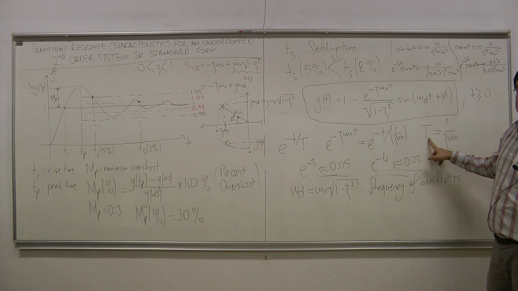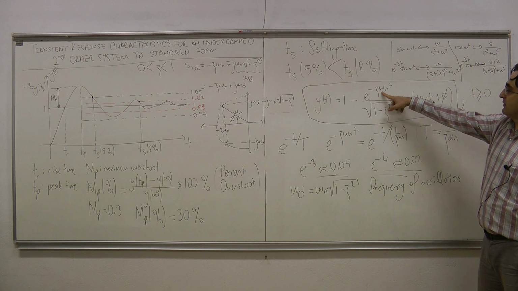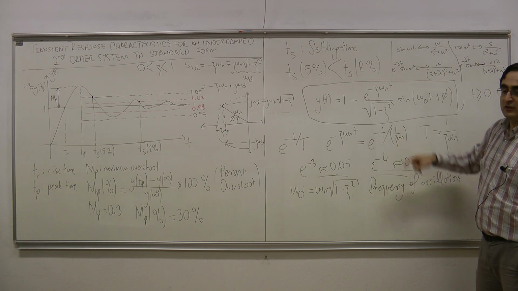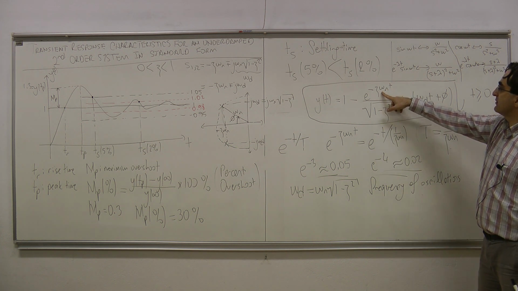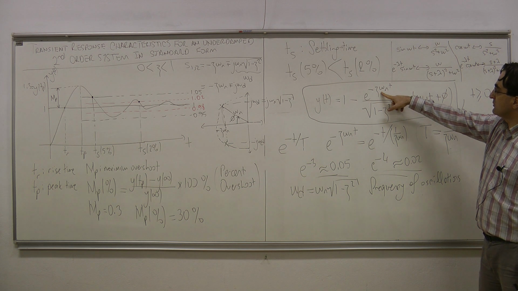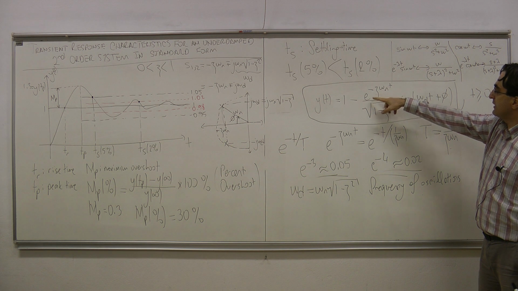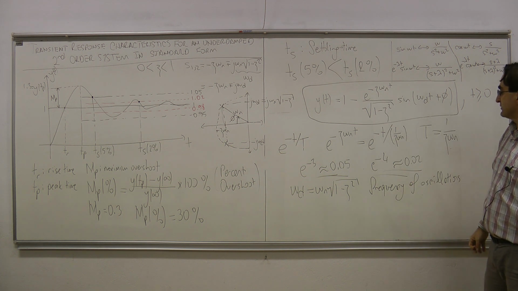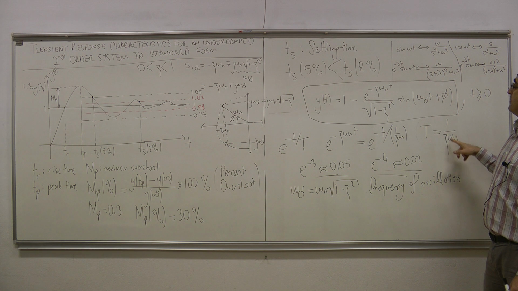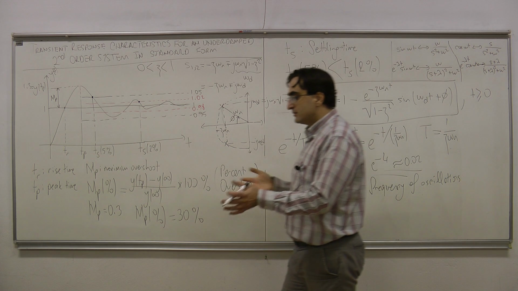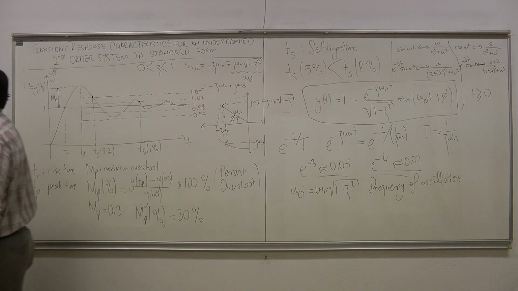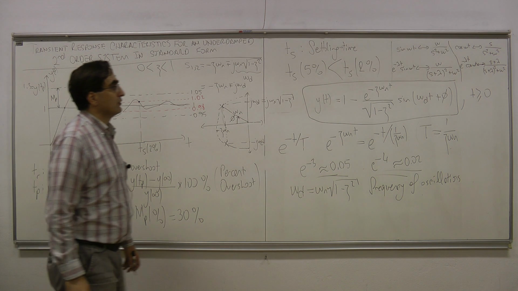If the time constant is large, then psi omega n is small. If psi omega n is small, this exponential is going to decay more slowly. If psi omega n is large, the exponential is going to decay faster. But psi omega n is just 1 over the time constant of the system. So the time constant and the decay rate have an inverse relationship.